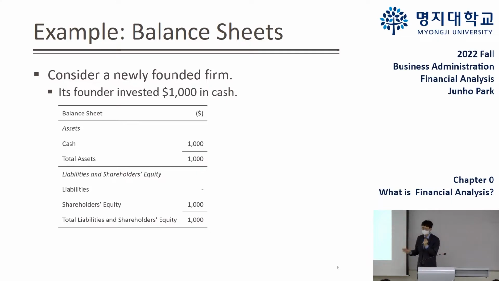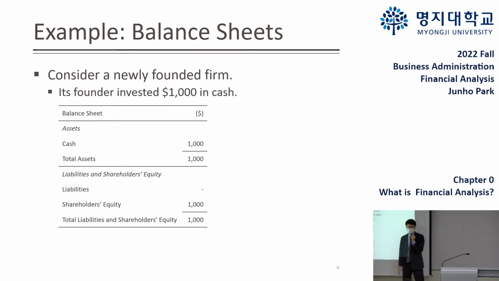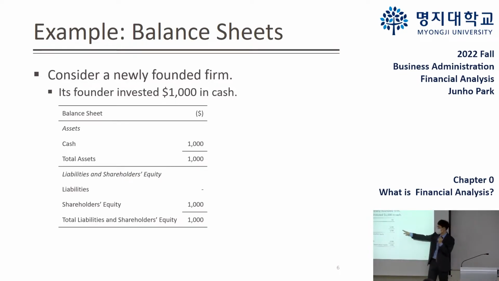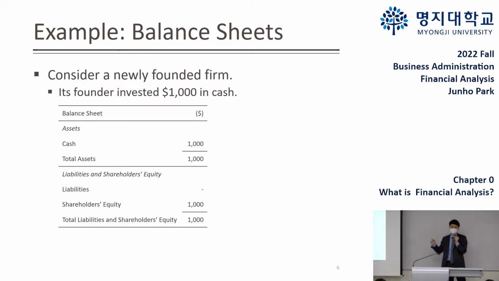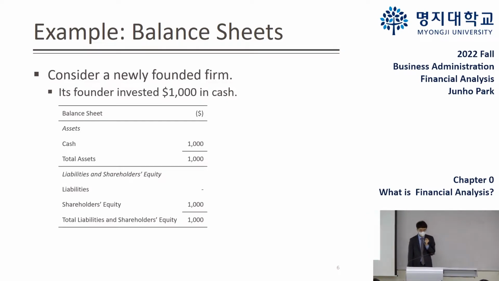So no liabilities, but you have $1,000 shareholders' equity because you put your money into the firm. And here again, total assets equal total liabilities plus shareholders' equity. So the accounting equation holds for this company.